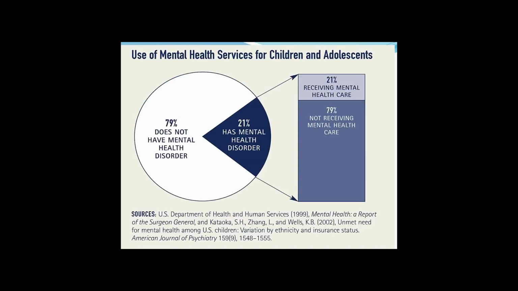What that means is that 8 out of 10 kids are just fine. They will have normal developmental issues and normal developmental challenges for an adolescent, but in general, these kids are just fine. It's that 20% that have some form of diagnosable behavioral health disorder that are of concern.